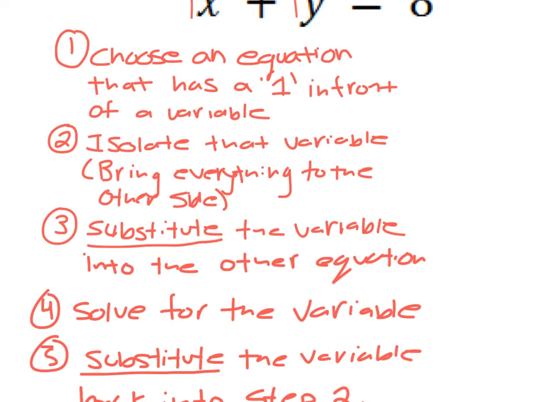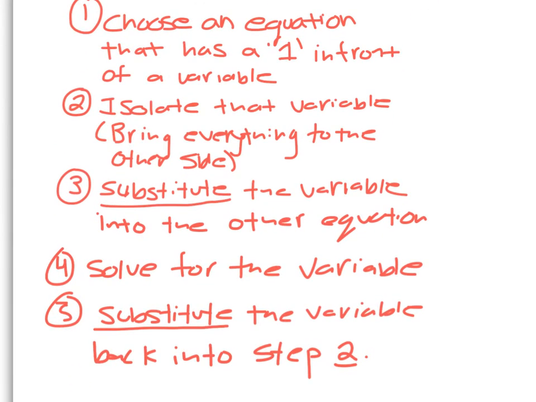Then step number 4 is ultimately solving for the variable. And then step number 5, now that we know one of the variables, either the x value or the y value, we're going to substitute it back into step 2 to solve for the missing variable. So let's see what all these steps look like.